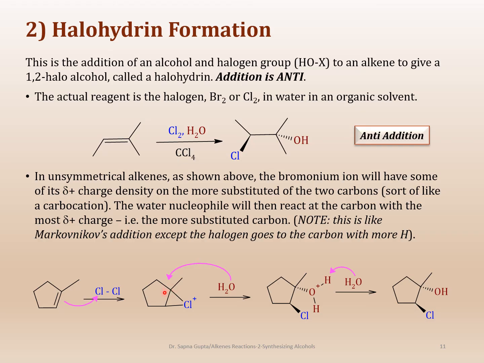So this is the more stable carbocation, because this kind of addition is more like a carbocation mechanism. It's not like an SN2, because if you think of it as SN2, then you'll wonder why it's attacking here when it should attack there. But water does attack on this side, and it attacks from the back side because the front side is occupied with the chloronium ion.